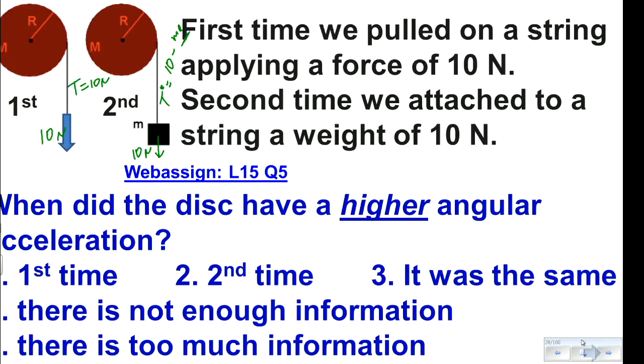And whatever ma is, it's not zero. That's why this second tension is different. Whichever has larger torque will have higher angular acceleration. So here we have 10 times radius, and here we have less than 10 times radius. So this torque will be stronger. It will lead to higher angular acceleration.